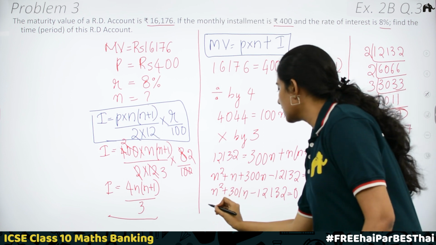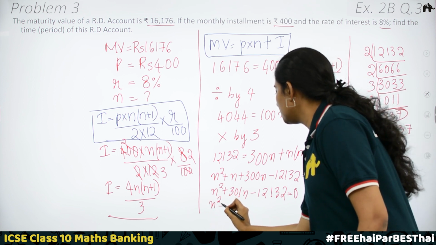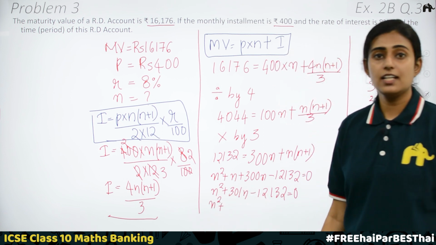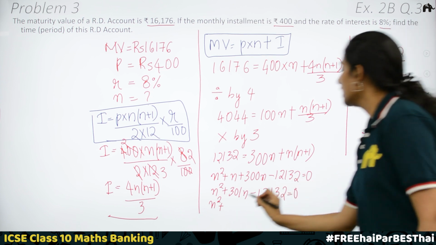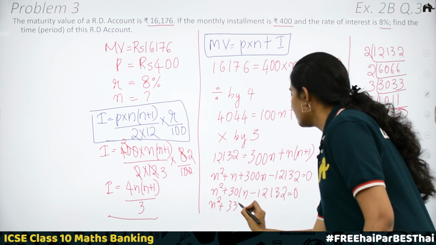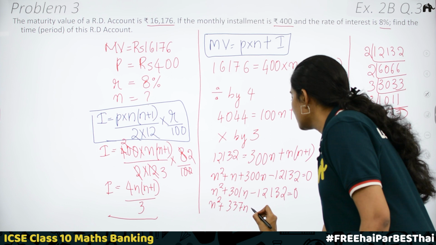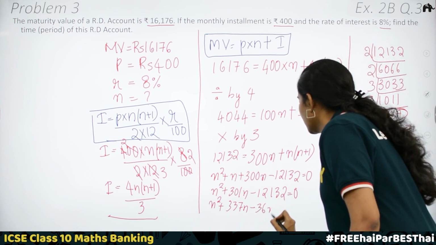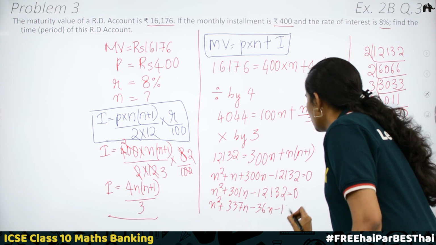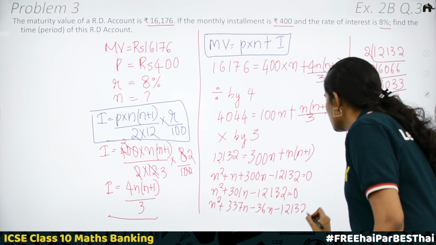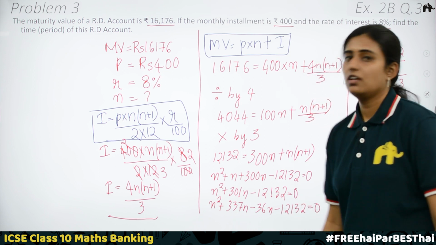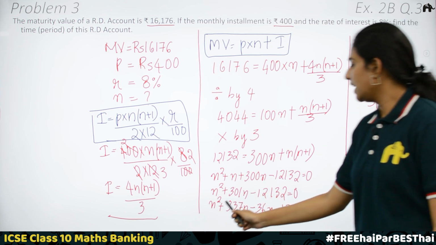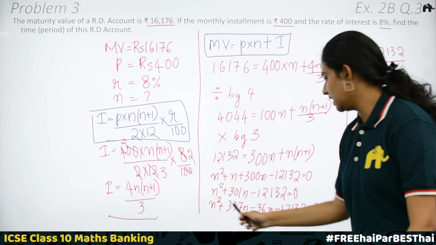So this is n square plus 301 n, which can be written as 337 n minus 36 n minus 12,132 equal to 0. You know how to solve this? We will be taking n outside from here.